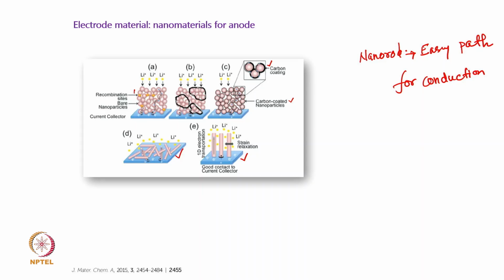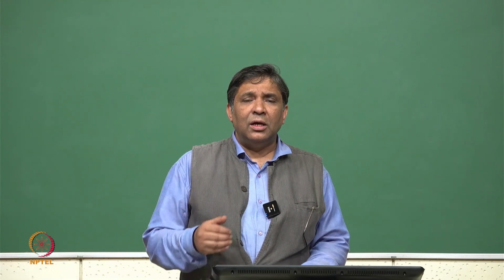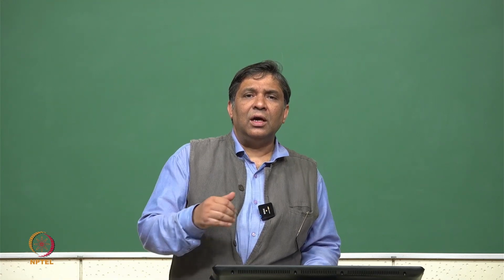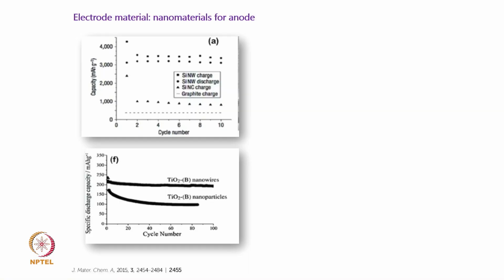People do a lot of playing with the morphology of cathode and anode, and some of the typical morphologies we will see later. But if I just consider a nanowire kind of structure and a nanoparticle kind of structure, what advantage do we get? You can see when we plot capacity with respect to cycle number for different structures, one is silicon nanowire and the other silicon nanocrystal.